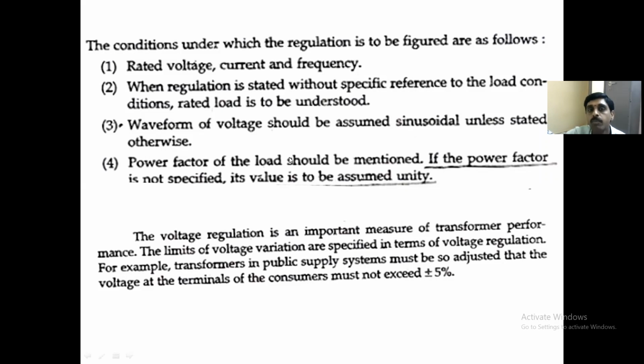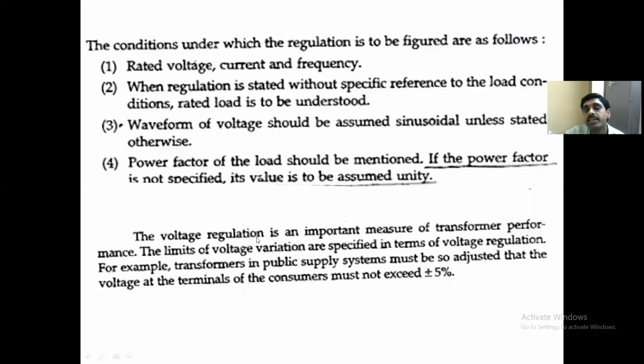Power factor of the load should be mentioned, either lagging, leading or unity power factor. We should know properly, then only we can use the appropriate formula for calculation of the regulation. If the power factor is not mentioned, then you have to take it as unity power factor: simply E2 minus V2 by V2, and cos phi is equal to 1.